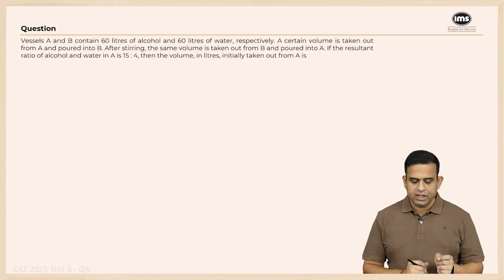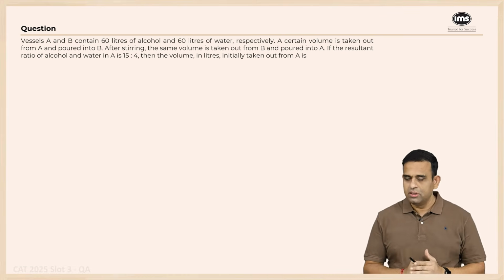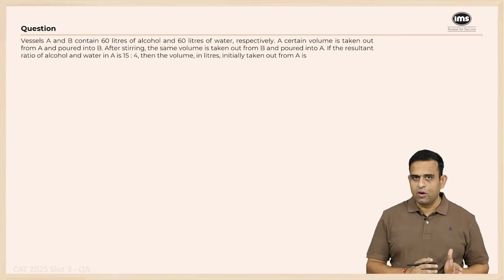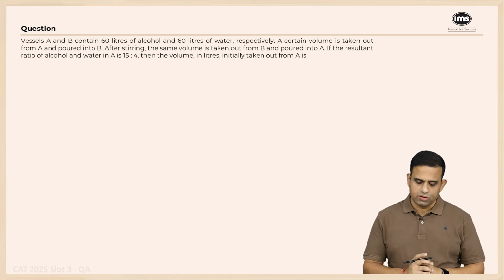Vessels A and B contain 60 liters of alcohol and 60 liters of water respectively. So A contains 60 liters of alcohol, whereas vessel B contains 60 liters of water.